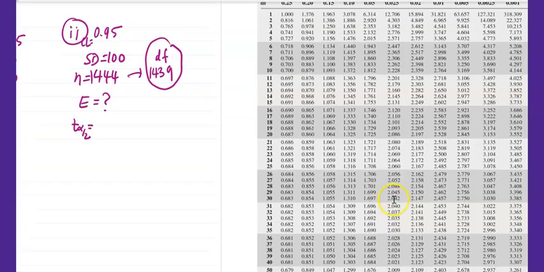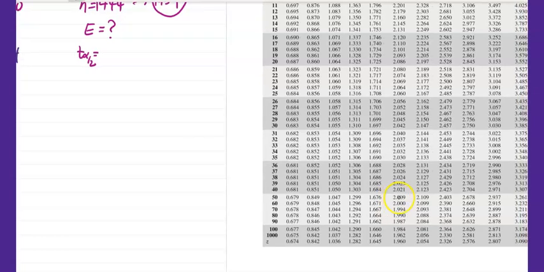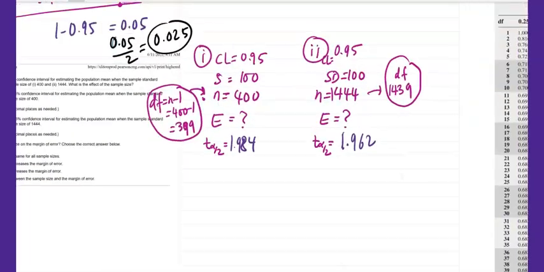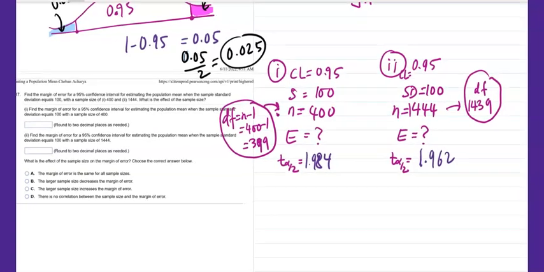So let's find the area 0.025, and this is 1.962. So 1.962 is the critical value for t. So we have a critical value for each case. Remember that all are the same except the sample size and the critical value, slightly different here, and you have to find the margin of error.